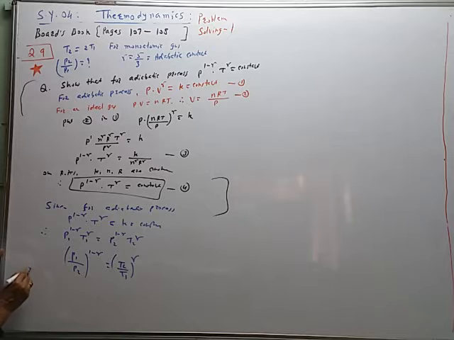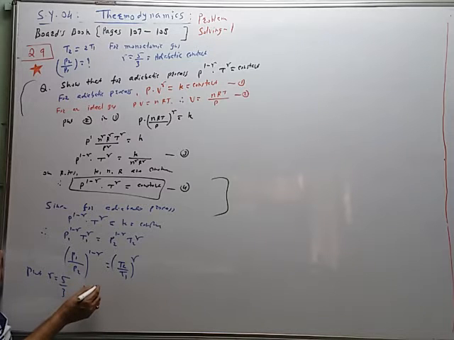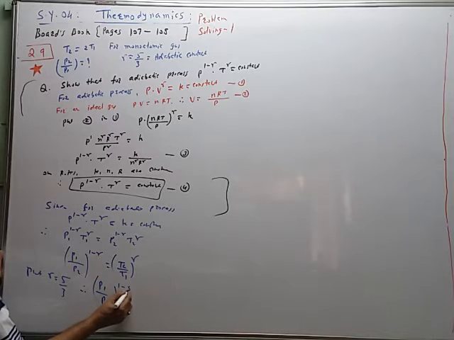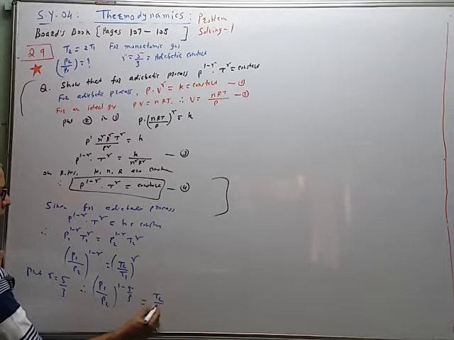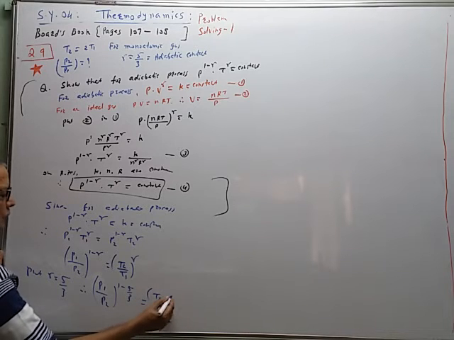Put gamma is equal to pi by 3. Therefore P1 upon P2 raised to 1 minus pi by 3 is equal to P2 upon T1 raised to pi by 3.